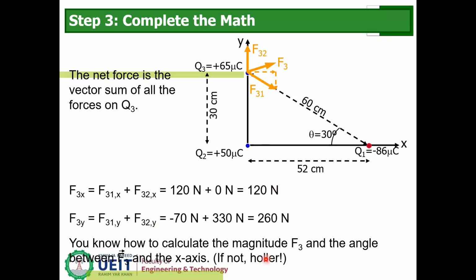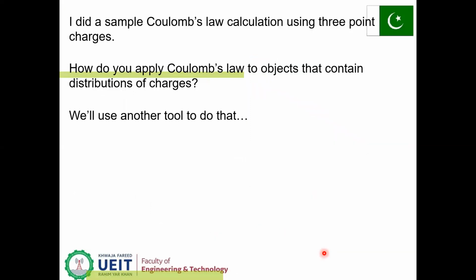You know how to calculate the magnitude of F3 and the angle between F3 and the x-axis. If not, then try to understand by vector sum. I did a simple Coulomb's law calculation using 3 point charges.